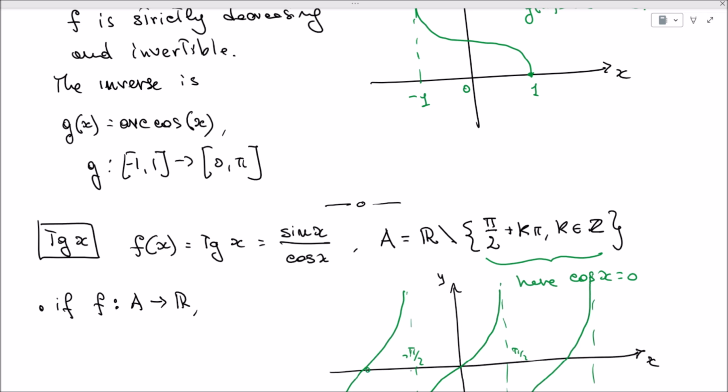Of course this is minus pi, this will be minus 3 pi over 2, in this case this is pi and this is 3 pi over 2, and so on and so forth.